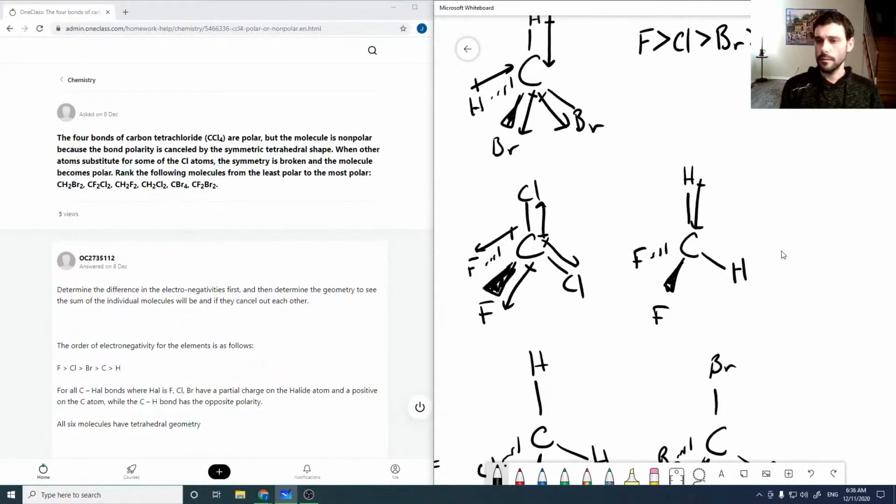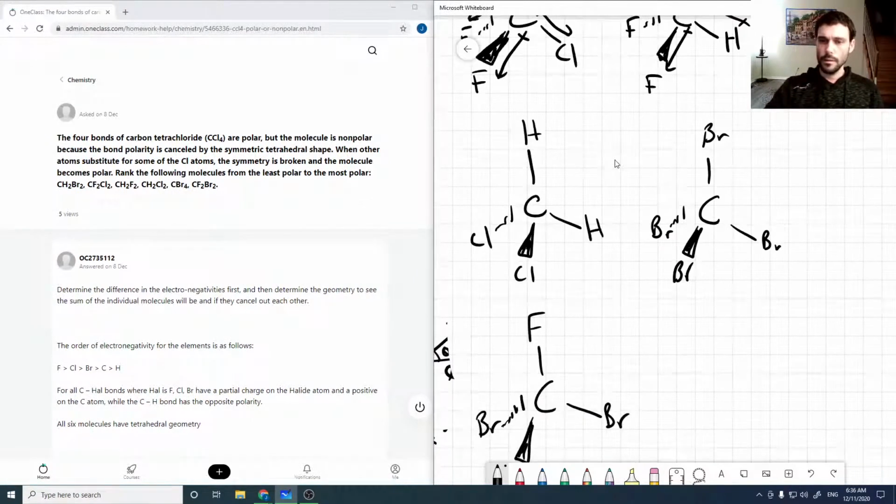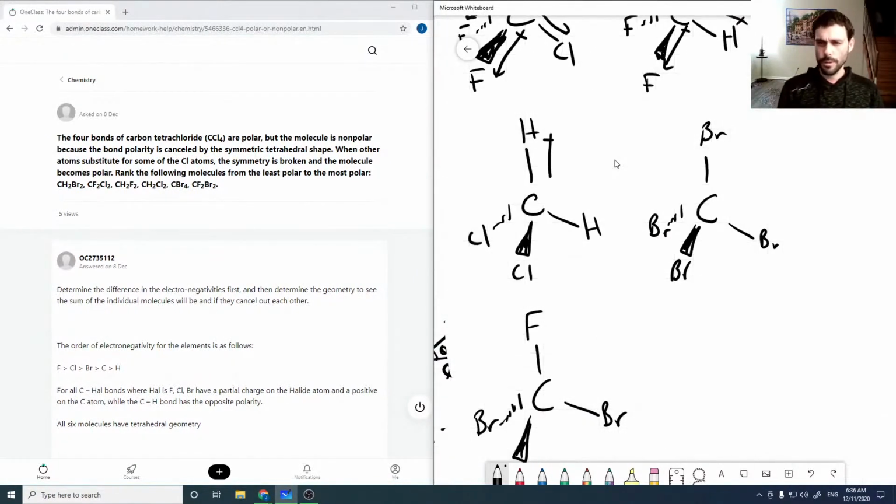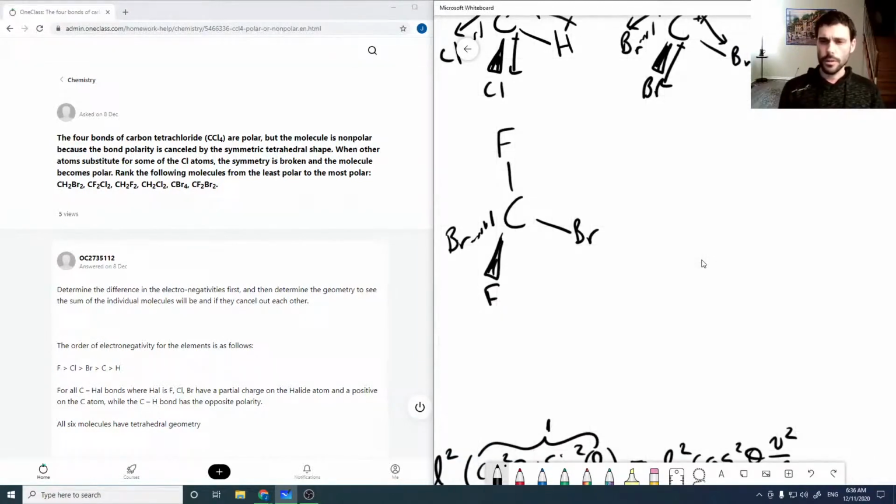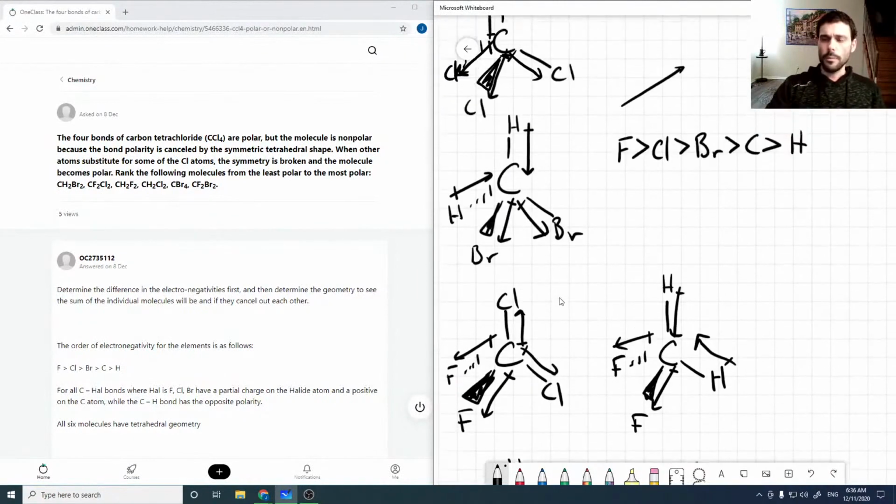This one is going to point towards the carbons and towards the halogens. This one is going to point towards each of these bromines. And this one is again going to point towards each of the halogens. Okay, so now we're drawing on some dipoles.